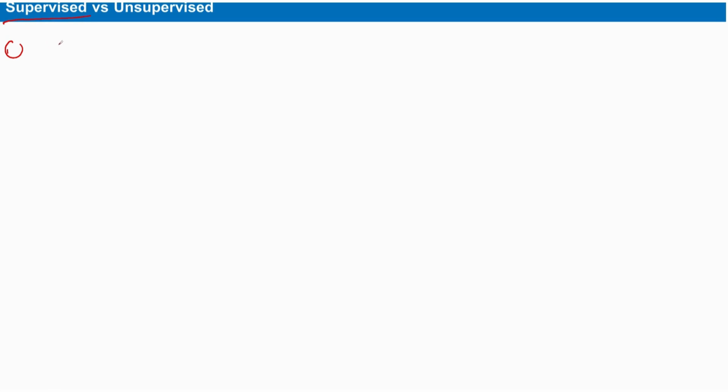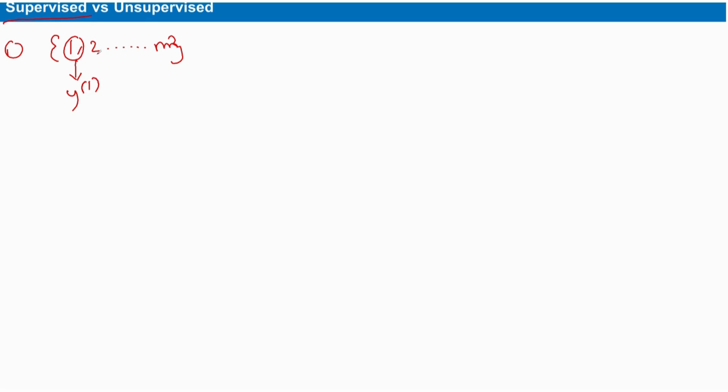Suppose we have a training data set which includes example 1 to example m. Inside supervised machine learning, each example has its respective label, which is denoted by y1.